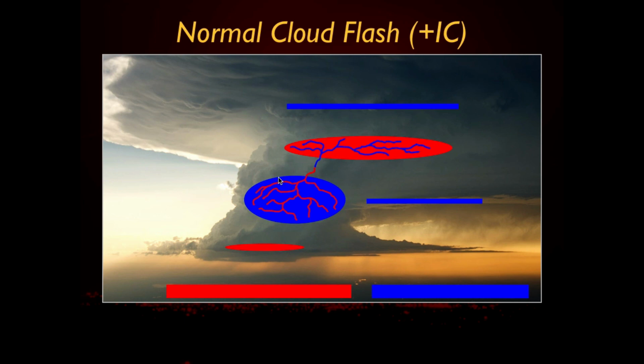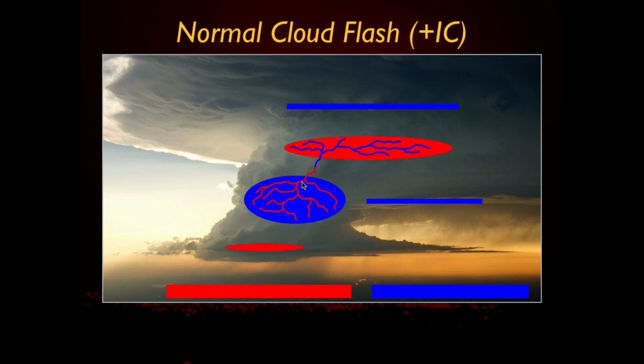So if there was an impulsive event that takes place during this, what we consider to be a normal cloud flash, the NLDN would detect this as a positive IC event. And what that means is essentially it's the sign convention that the NLDN came up with.